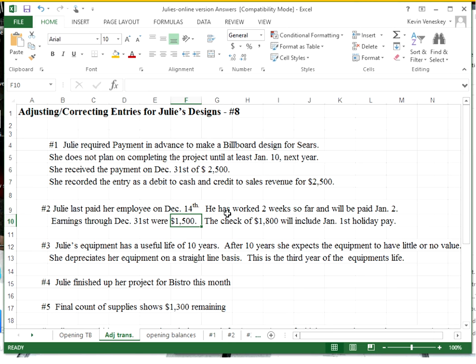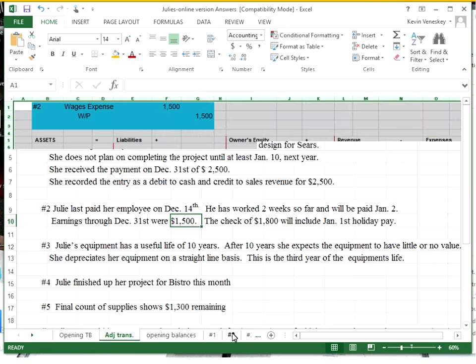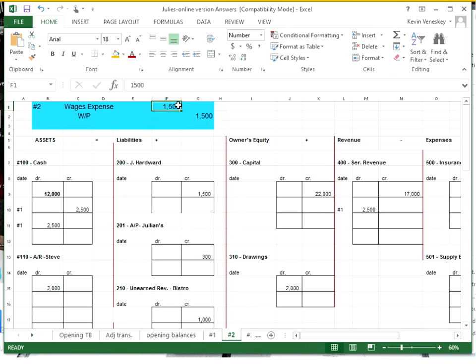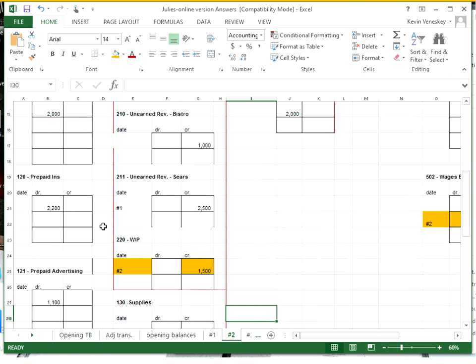Now, with our credit, we don't want to call it cash because as of December 31, I have not paid anybody. So I want to create a liability account showing that I owe money to my workers. And that's what's happening here. So we debited our wage expense account to show that an additional amount of work was done, $1,500 worth as of December, and show now a brand new account called wages payable in our liabilities.